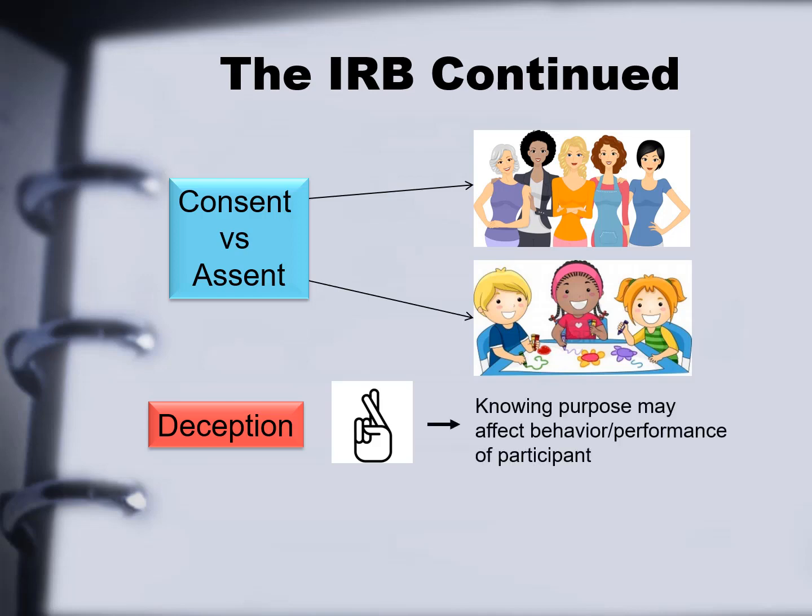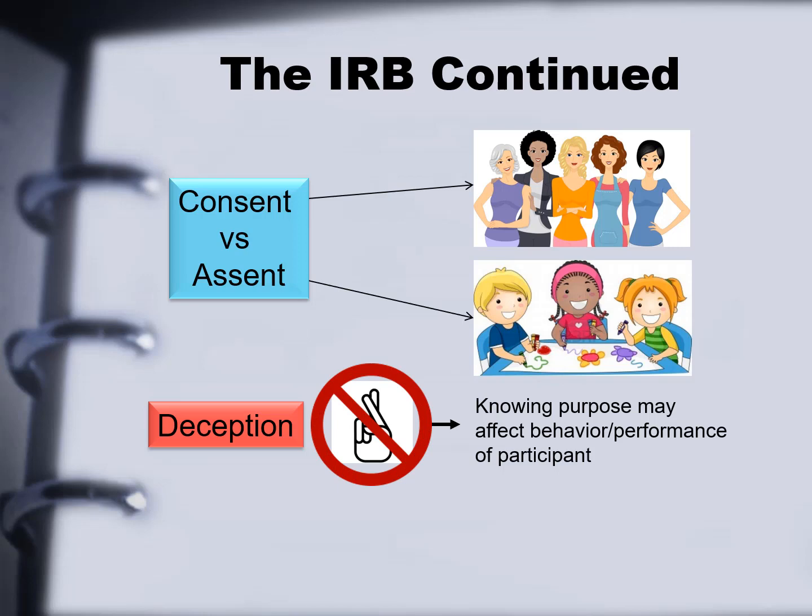But in some cases, knowing the purpose of a study may affect the behavior or the performance of a participant in the study. So in those cases, we as researchers can let the participant know that we're not telling them everything. So in that sense, it's not the same as lying.